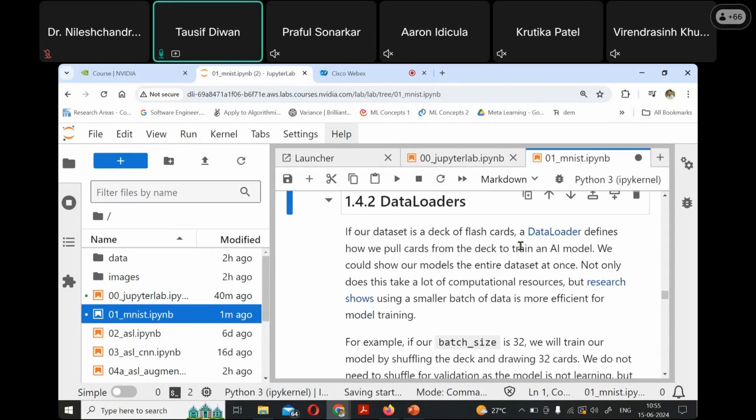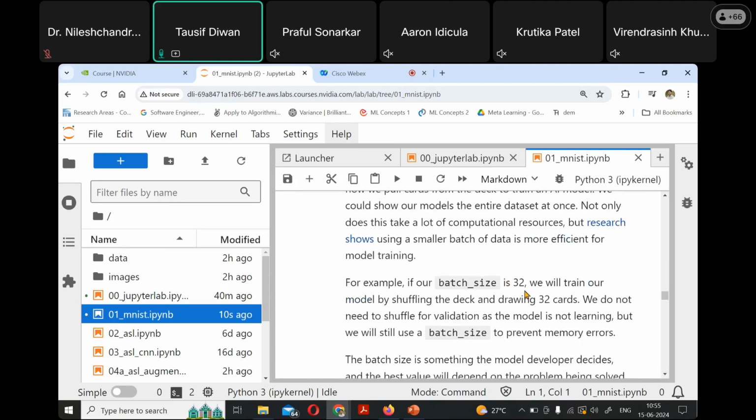Next, come to the data loader. Data loader, as the name suggests, it loads the data. Okay, it just collects the data from training set and loads the data. It ultimately depends how you are loading the data. What should be the batch size? Suppose the batch size is 32. So just imagine a case where we are having 60,000 samples. Batch size is 32. So what will the data loader do? It will take a random 32 samples from training set, and then it will pass them to the model.